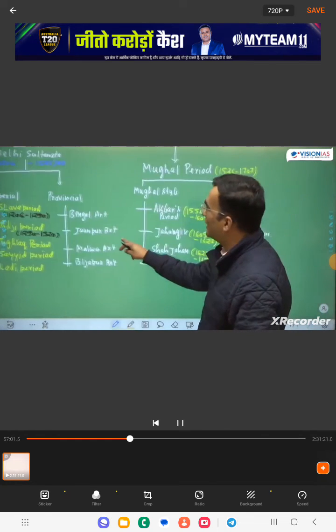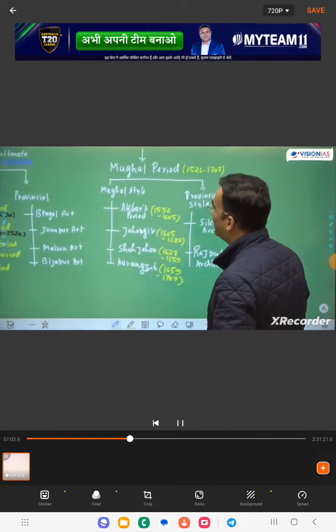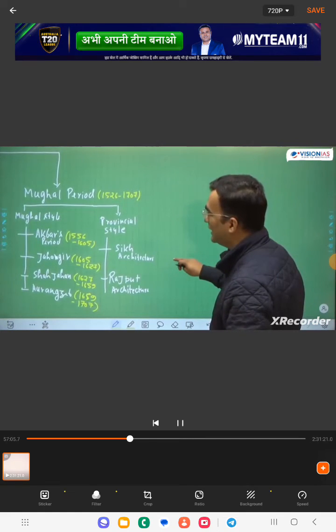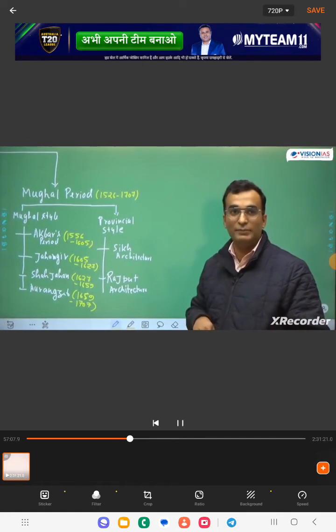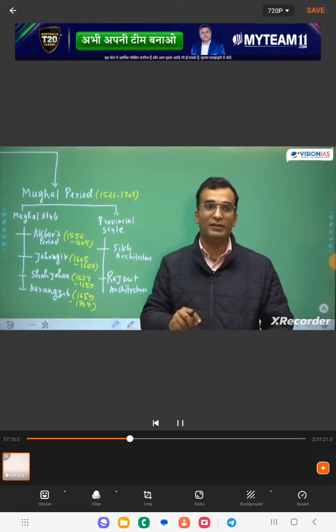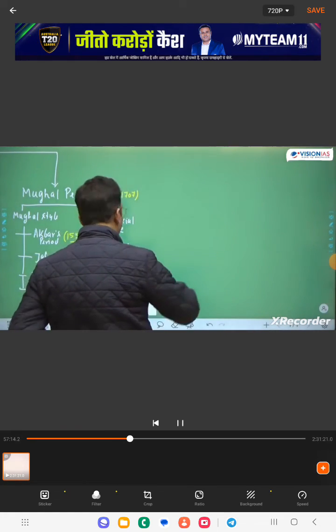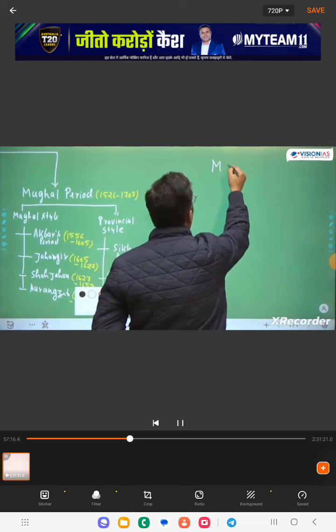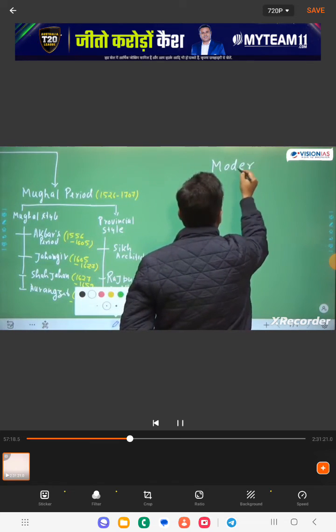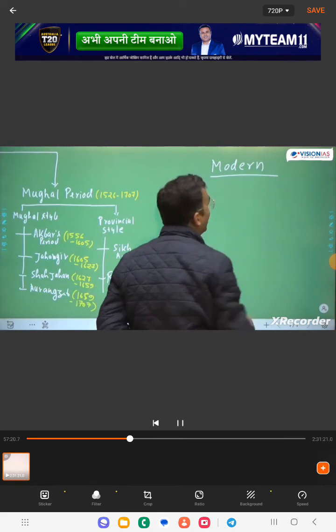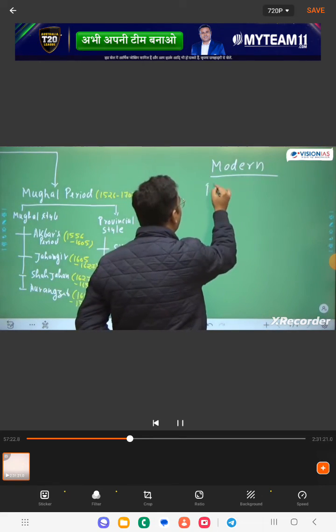So next part of the classification, and then the last one is the British period. So the modern and the British period. So let's write modern period, and in this the British period.